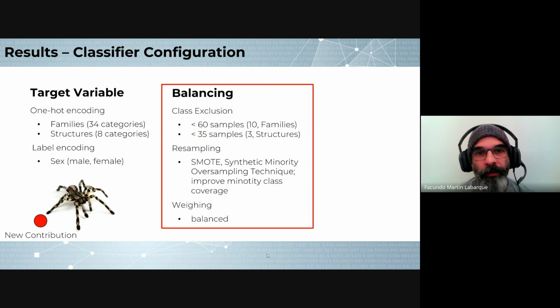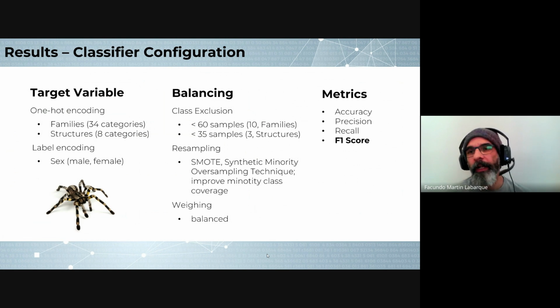This was also a new contribution compared with Contreras, because the data matrix that they used was totally complete and clean, and that was not the case in our dataset of spider images. And we applied the classic metrics for this type of approach, like accuracy, precision, recall, and F1 score. The last one is the one we used, as it was also used in works similar to ours.